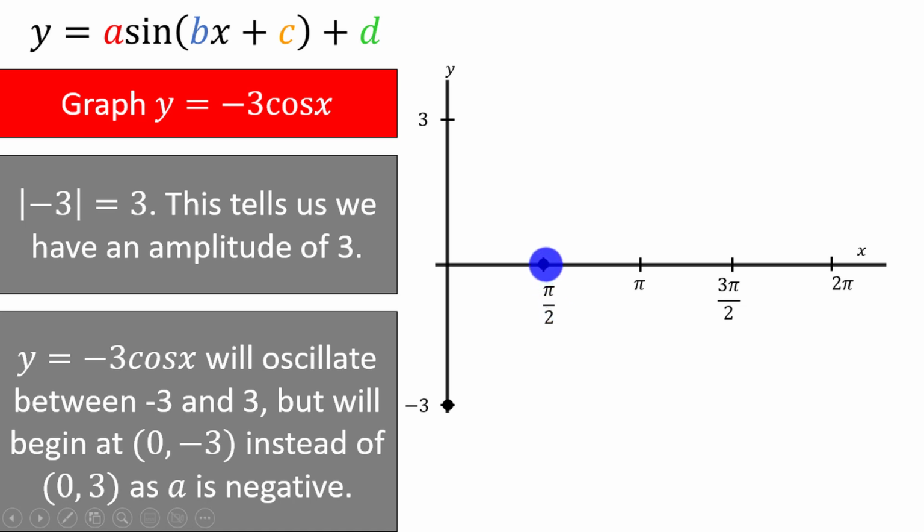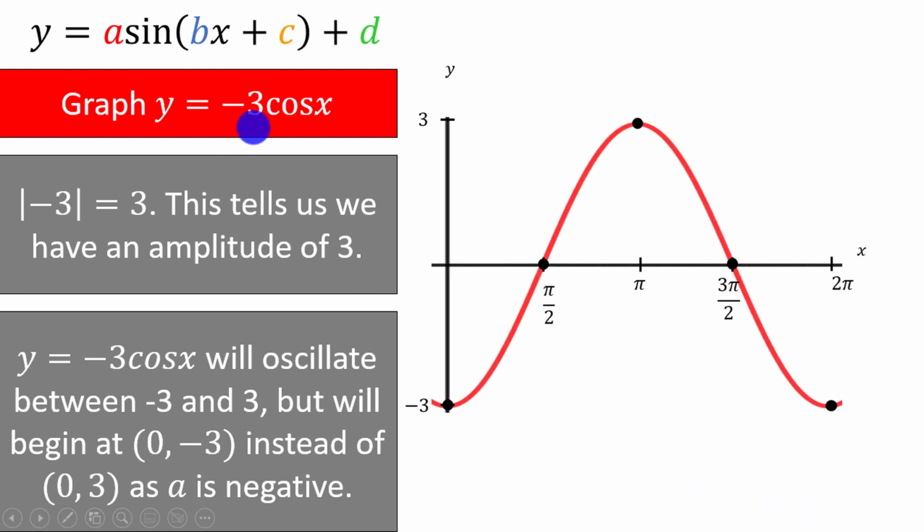From there, we will continue to increase to a maximum at pi. The maximum will be at 3, since the amplitude is 3. Then we will decrease at our next key point at 3pi/2 to be at 0. And finally, we will complete the period at 2pi, where we will be back down to -3. If we connect the dots, we will have the graph of y equals -3 times the cosine of x.